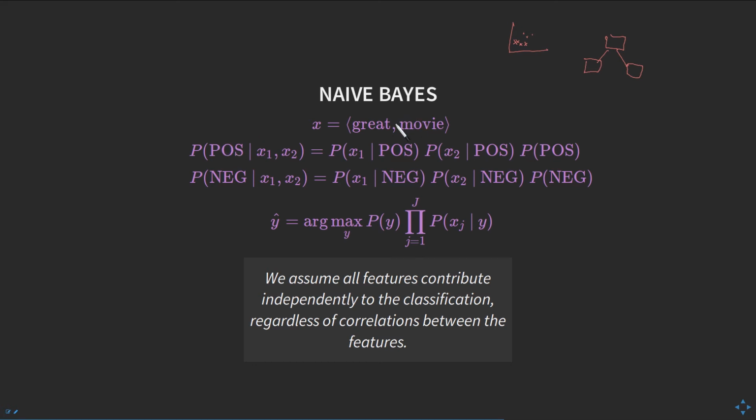Now what this means is that if I have an instance X that is "great movie", and this is for example a positive label, or plus, or thumbs up, however you would want to visualize this.